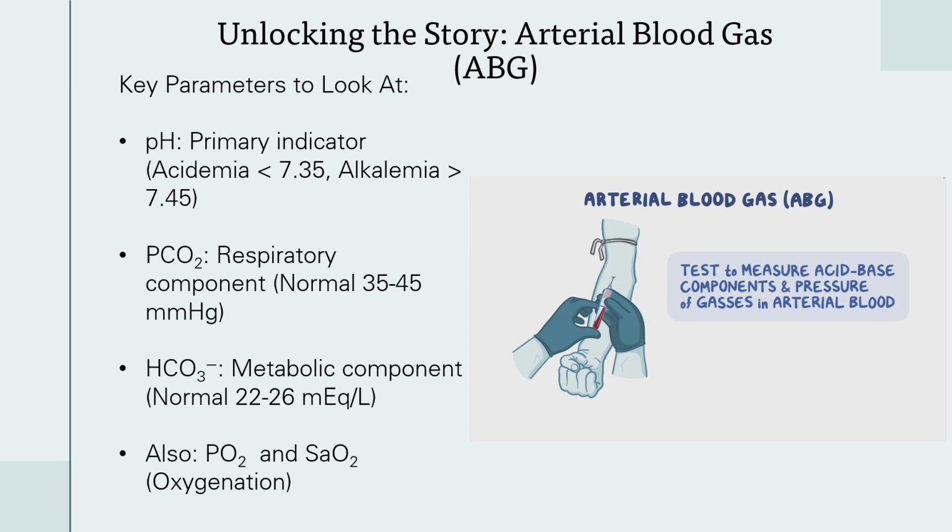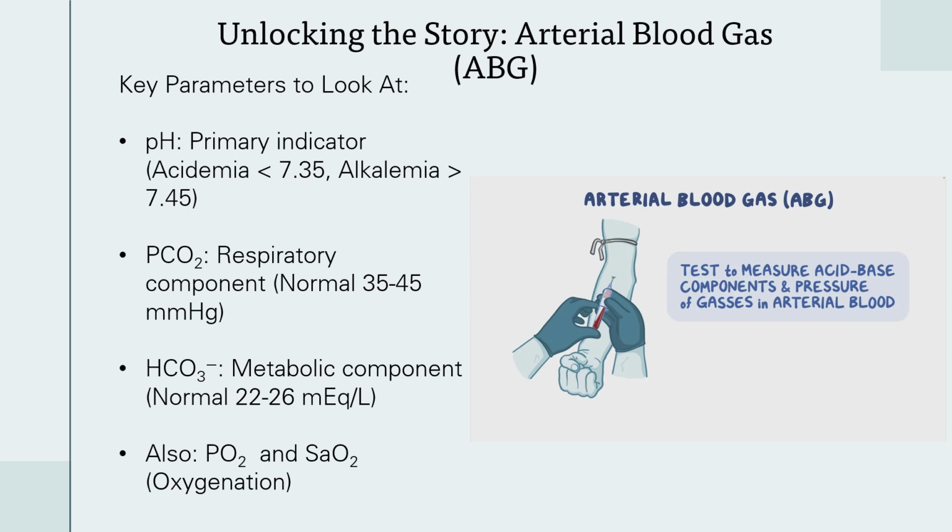So they look at your pH as a primary indicator, right? They want to see in the blood if there is too much acidity, less than 7.35, or too much alkalinity, or less of the hydrogen ion, then that becomes alkalemia, which is over 7.45. They look at the partial pressure of carbon dioxide and check to see if it is within the normal range, 35 to 45 millimeters of mercury.